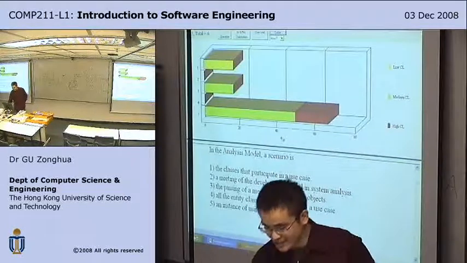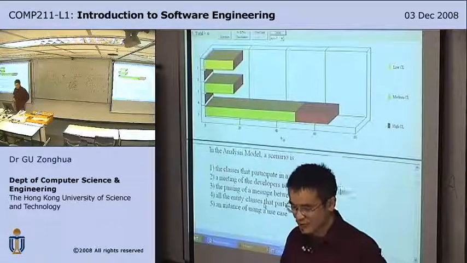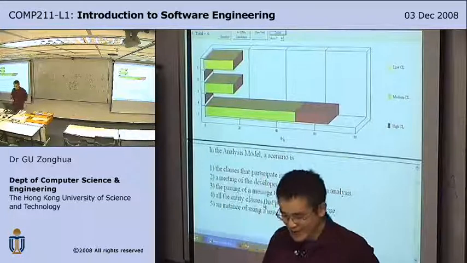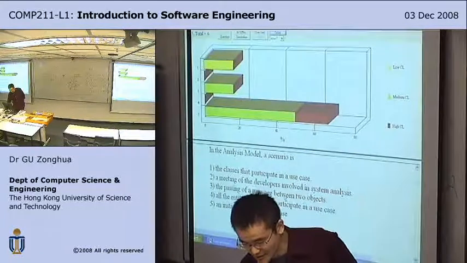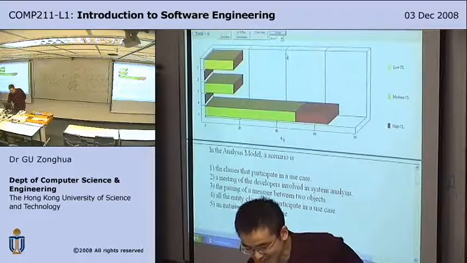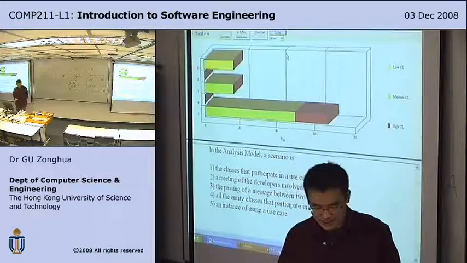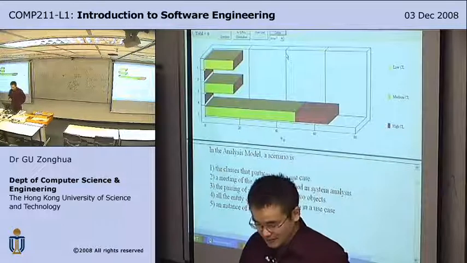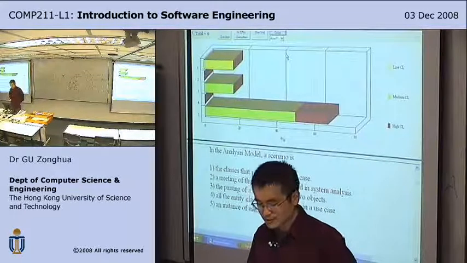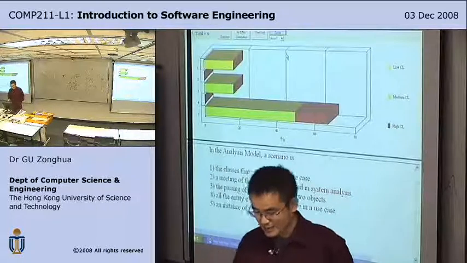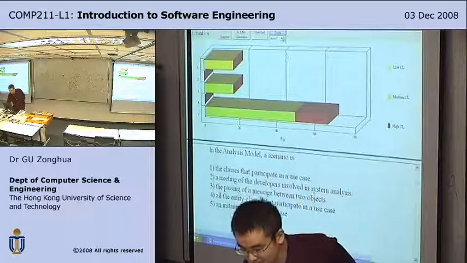So all the entity classes that participate in a use case, so it includes boundary, perhaps control, and other include in addition to entity classes. So it's an instance. We saw many classifier instance distinctions: class versus object. So operation versus method, and also use case versus scenario.